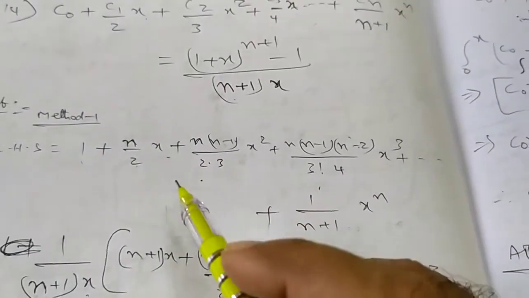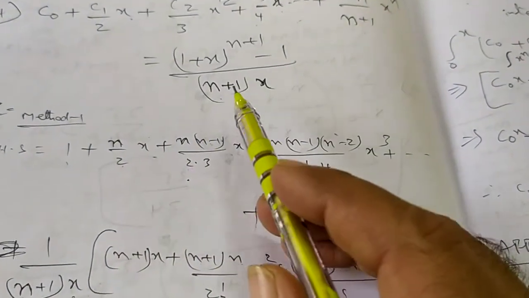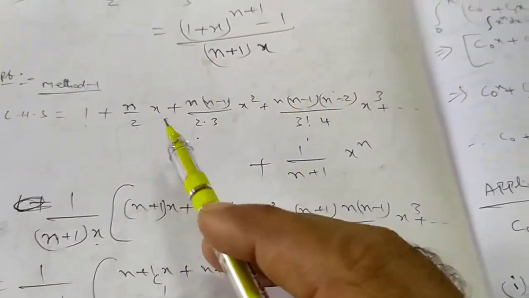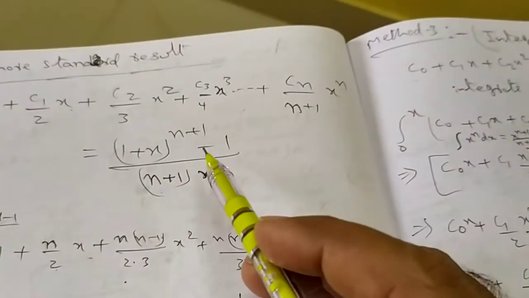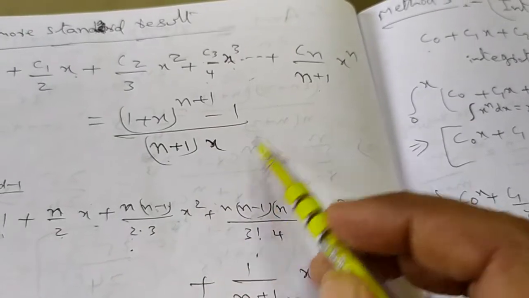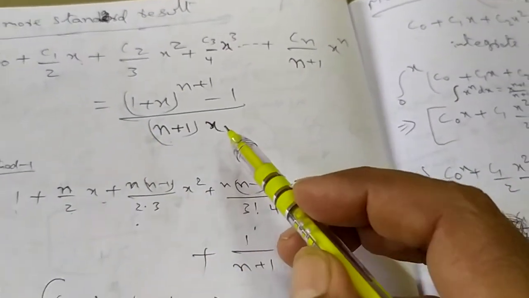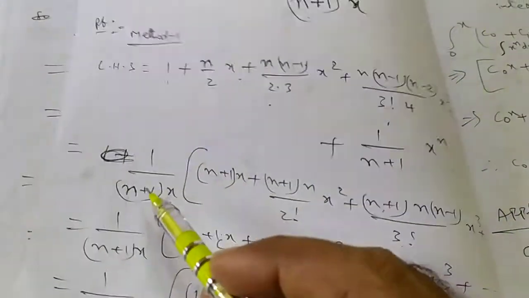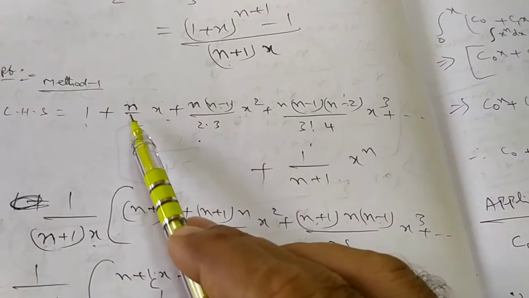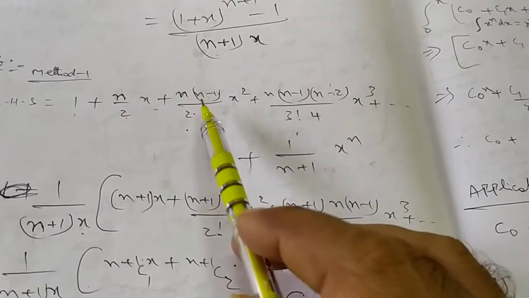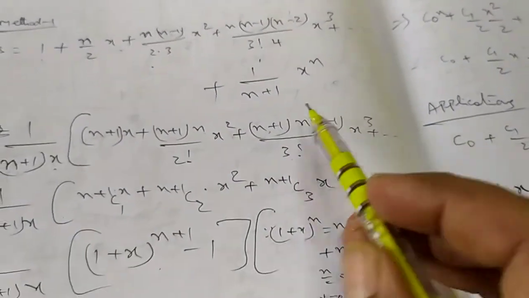Okay. Now I am multiplying and dividing with n plus 1 into x. See the RHS: the denominator of RHS is n plus 1 into x. That's why I am multiplying and dividing with n plus 1 into x, in each term.